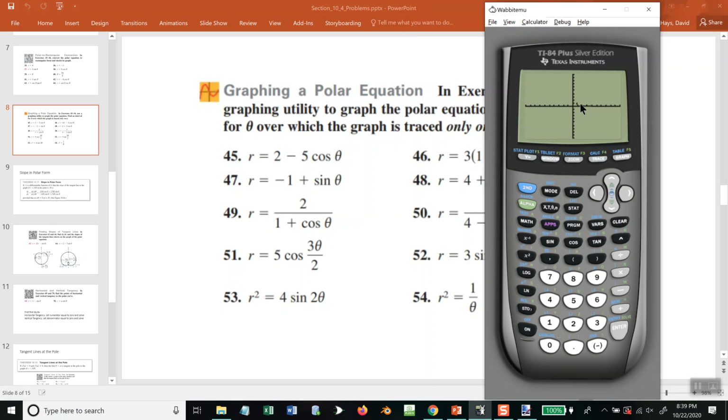So it takes awareness of what that window setting is to do these correctly. You go back to window, go down to your theta max, and you type in 2 and then pi, which I think is second caret.